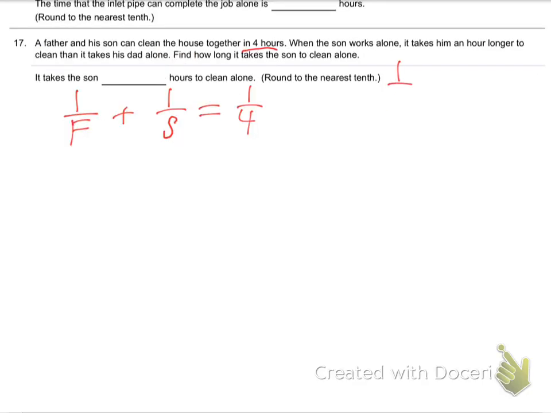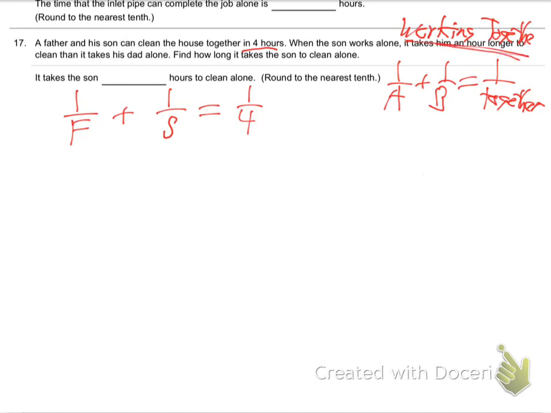That's how you always handle working together problems. So 1 over father plus 1 over son is 1 over 4.